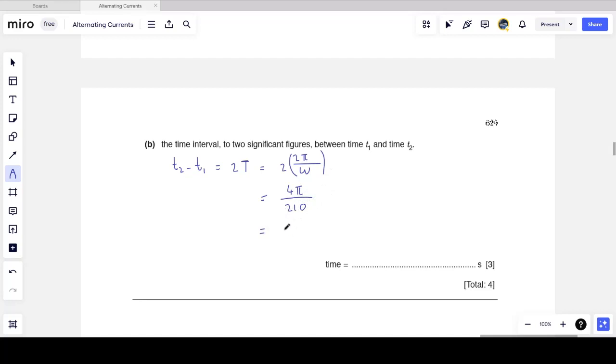And this gives me a time between T2 and T1 of 0.0598 seconds, or again to 2 significant figures, 0.060 seconds. And so that's 2 periods, 0.06 seconds. And if you were asked for the period, you would then say it's obviously 0.03 seconds.